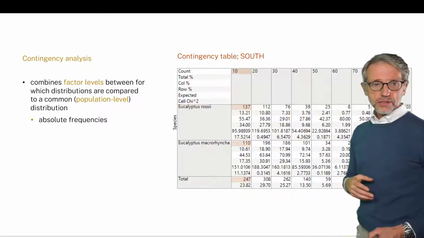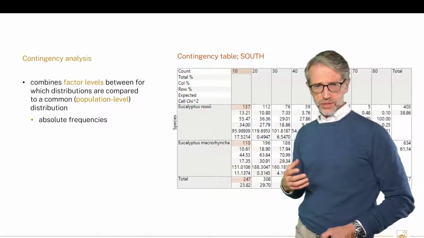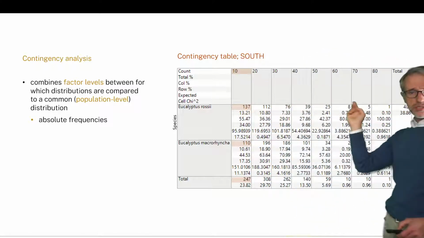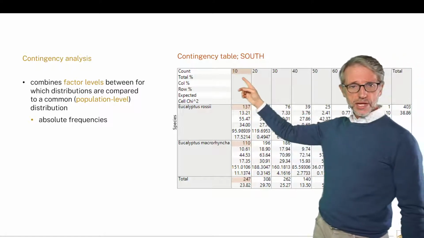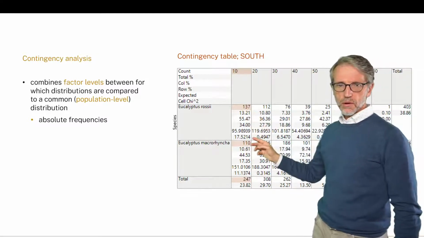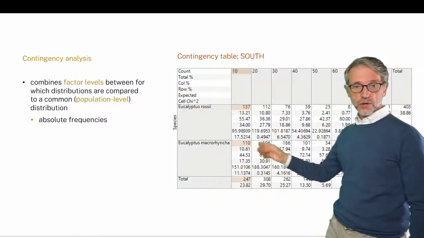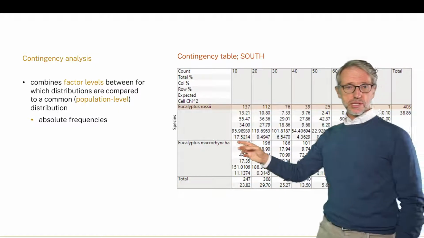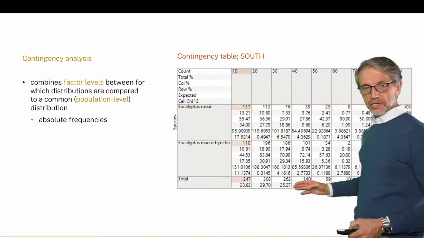In addition to that, we have absolute frequencies represented across columns. So while we had that highlighted section going across the row, now we have, for our 10 centimetre class, 137, 110, and then 247 down the bottom as the total. So we are summing both across the row, and down the columns.